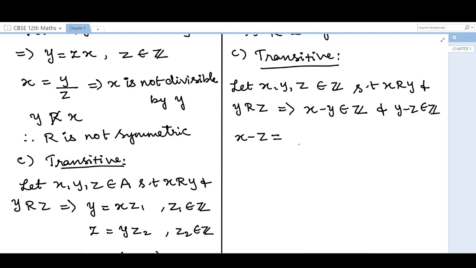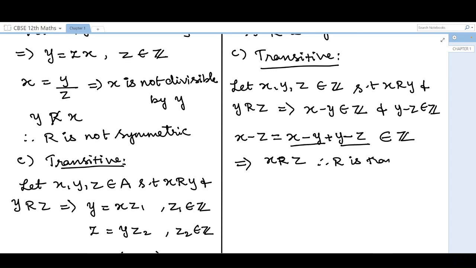This can be rewritten as (x minus y) plus (y minus z). We know that x minus y is an integer and y minus z is also an integer. So the sum of two integers again will be an integer. So what we could conclude is this value is again an integer. Thus we have verified x minus z is an integer. So what we obtained is x is related to z. Therefore the relation R is transitive.